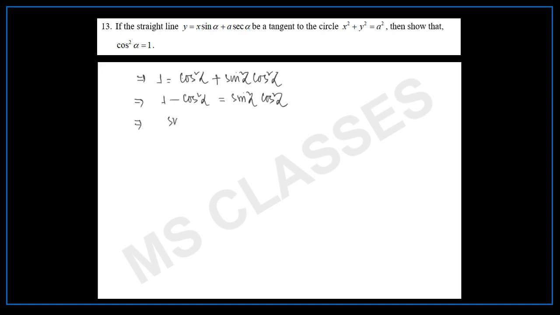Now, sine square alpha into 1 minus cos square alpha. Now, this implies sine square alpha equal to 0 or cos square alpha equal to 1. When sine square alpha equals 0, that means cos square alpha equals 1. So, ultimately, from both of them, we get this condition.